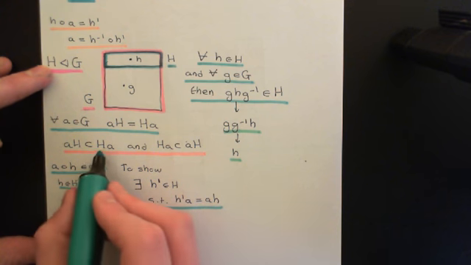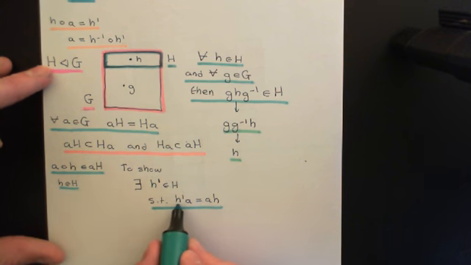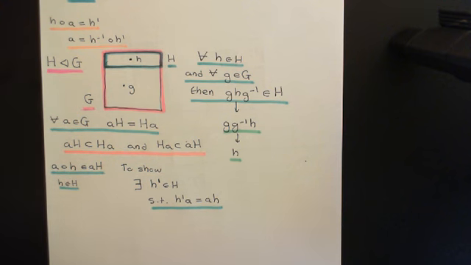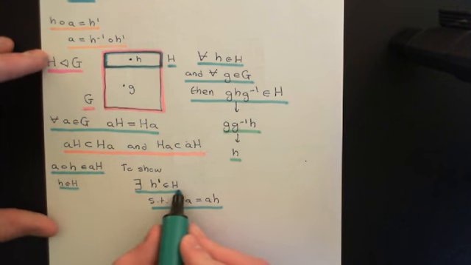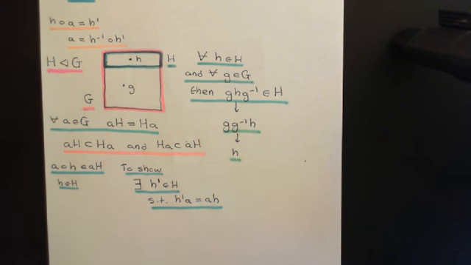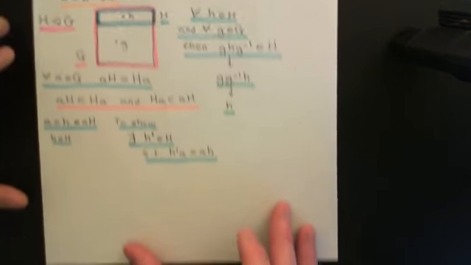What's the general form of something in here? Well, it's some element of capital H times little a on the right, basically. So that's all that is saying. It's saying that I need to find some element of capital H such that when I multiply it by little a, it's equal to this element that I wanted to find in the right coset of H under A.